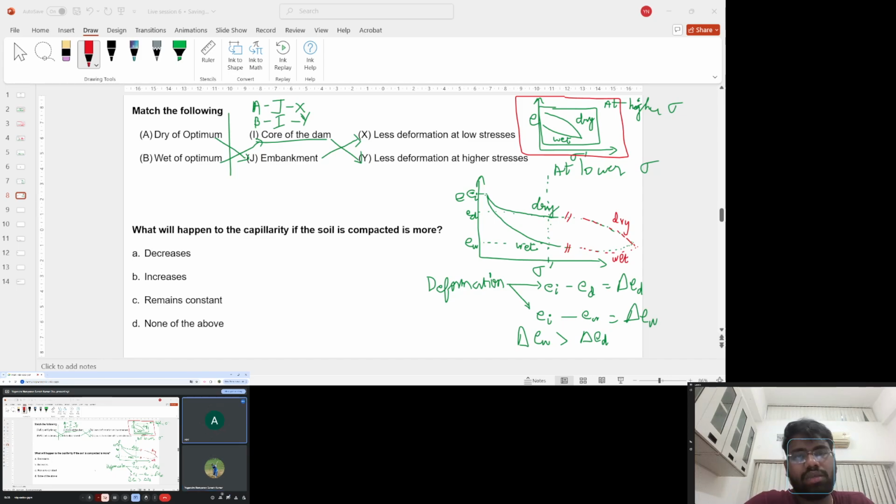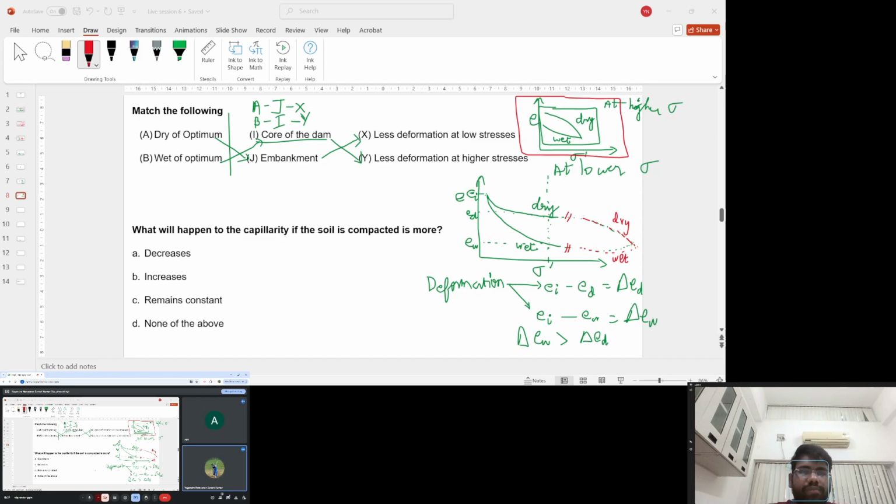Sir, what is the source of this particular graph you have referred? These are ideal graphs. You can refer Lambe and Whitman. Or you can also refer Gopal Ranjan and ASR Rao.